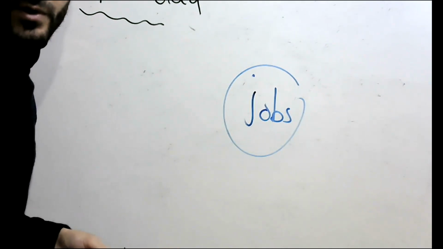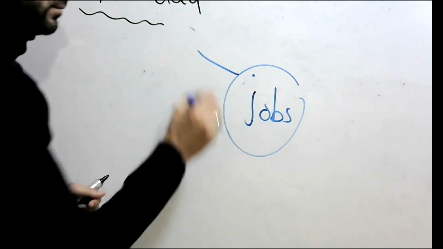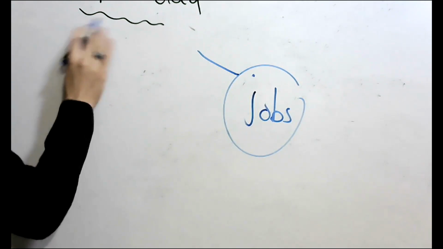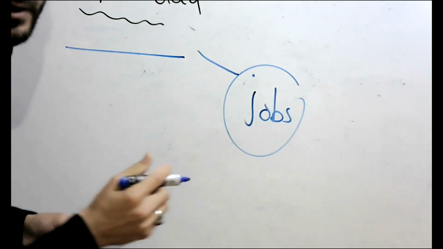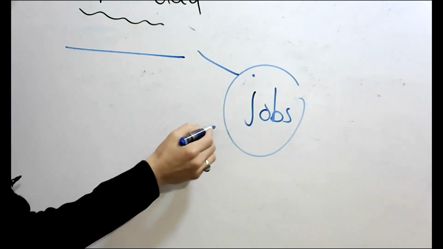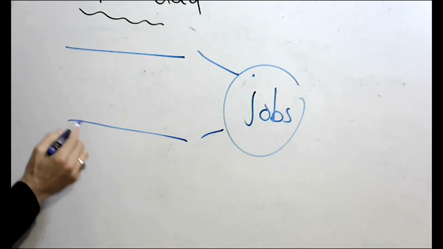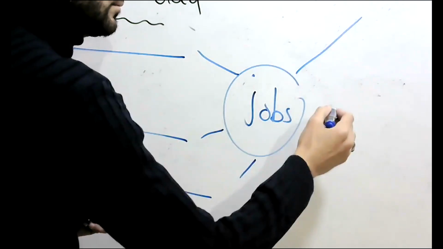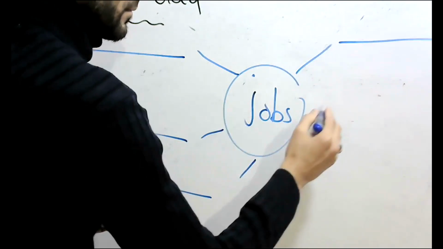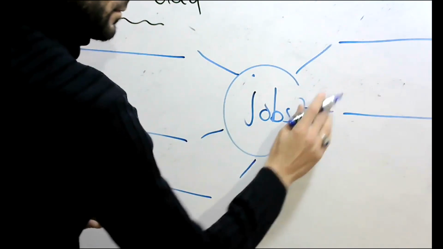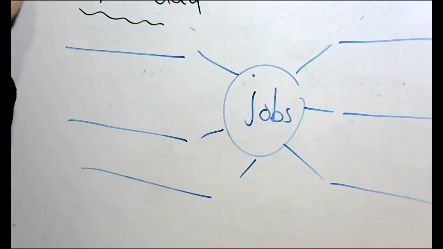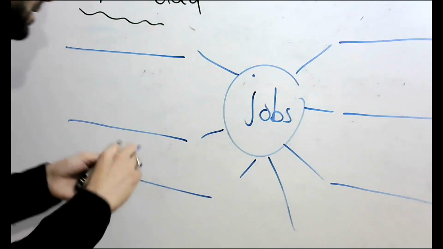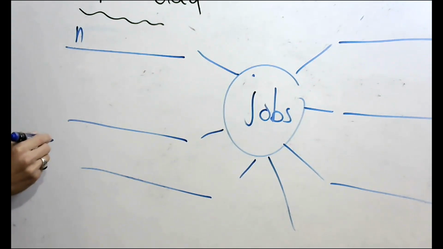Okay, so we've got like this one. And I'm just going to make one line here. And I'm going to make it like this one. Like this one is, you see here.